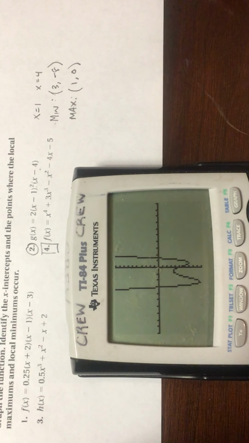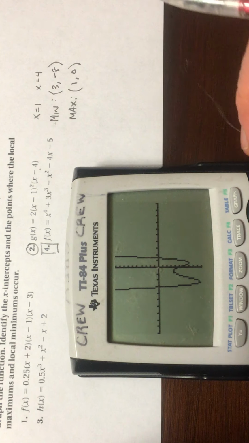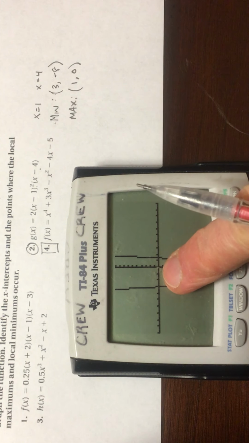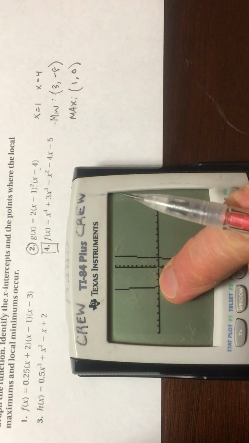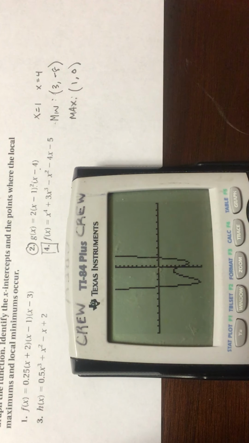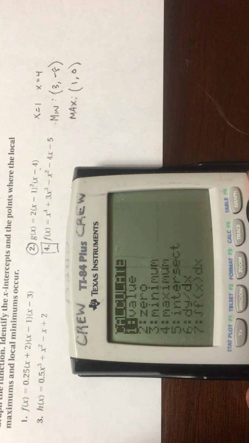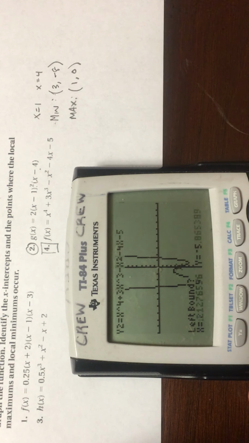I'm not sure how that's making sense. Either way, we got to find our mins and our maxes here. So it looks like our zeros are -3 and maybe 1.5. So we got to find those. Second trace. So let's go find this one that was in between. So I got to be to the left of 1.5, sorry.